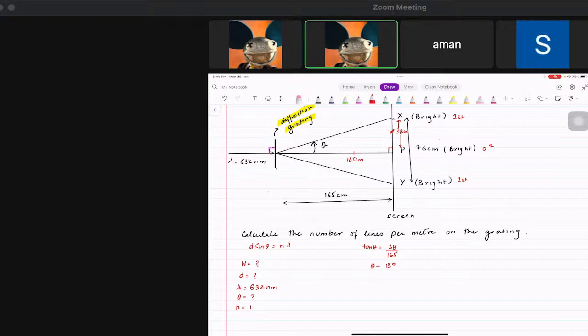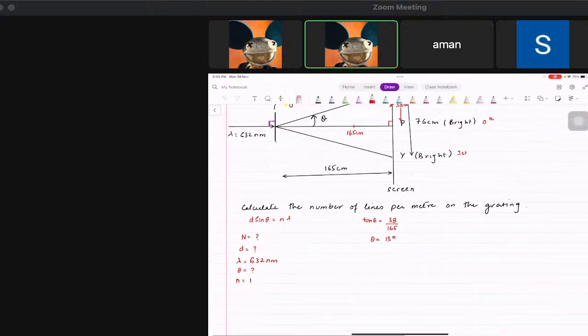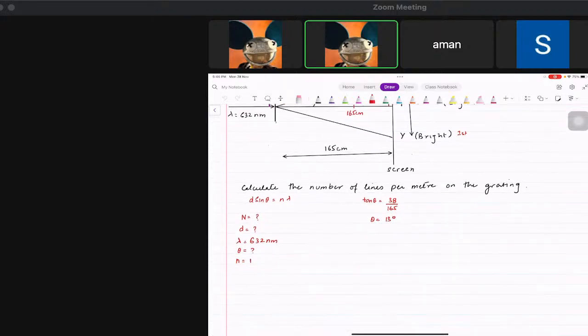Always make sure your calculator is in degree mode and not the radian mode. Then you're going to use the formula. You say d sine of 13 equals 1 times lambda, which is 632 times 10 raised to power minus 9, because nano is minus 9. From here, you should expect d to be 2.81 times 10 raised to minus 6 meters.